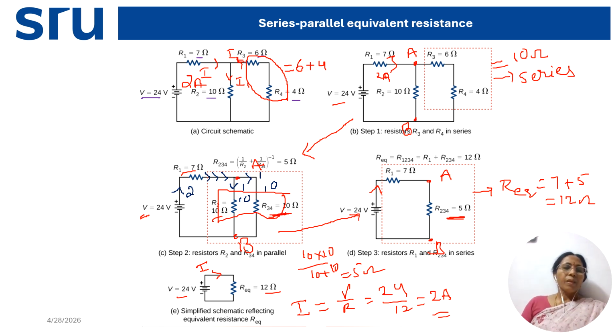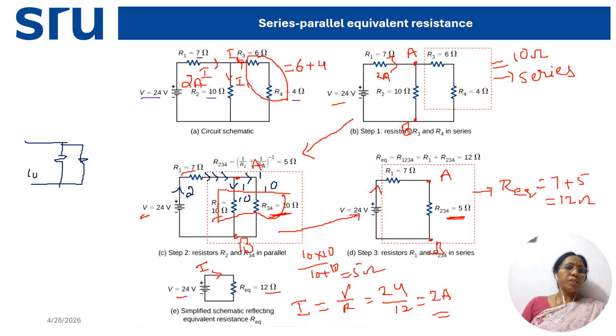Okay. If we are getting, let us take 100 ampere, then 50 ampere, 50 ampere. Here I am taking an example where two equal resistors, 10 ohm and 10 ohm, are connected in parallel.